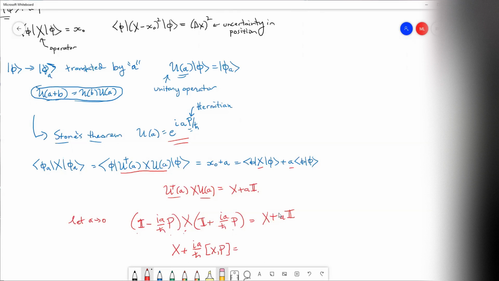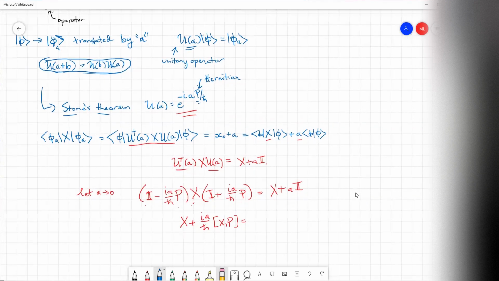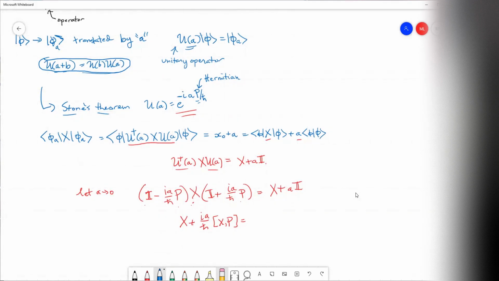Yeah. The convention is that there's a minus sign here, so I messed that up. The minus sign needs to be there to get it to translate in the right direction.